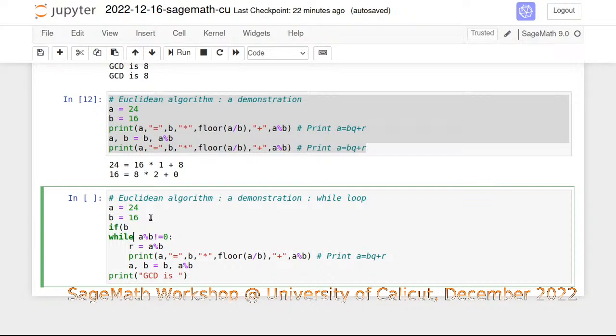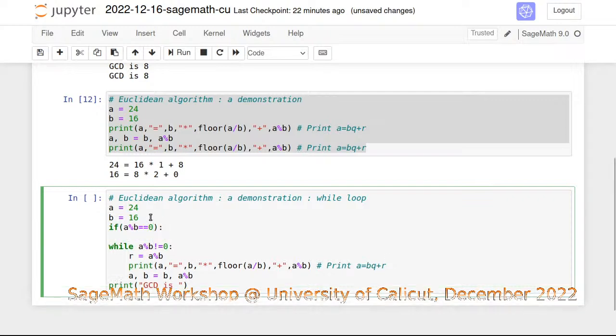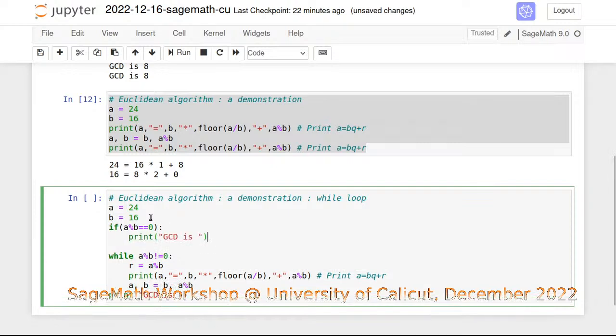If A percentage B is equal to 0, then A is a multiple of B. In that case, GCD is nothing but B itself. Else, only then we need to go through all these steps. Let me just take it inside. That's it.